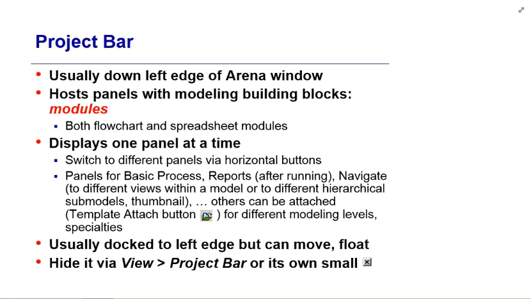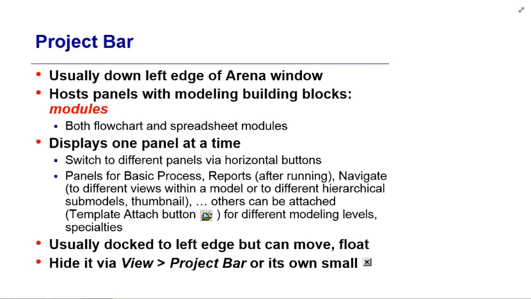As we move down into that basic process further, you've got a bunch of different windows that you can open that are part of the spreadsheet window. So the top ones, the ones I've gone through so far, the ones that are in yellow, those are all on the flowchart side. The ones down below, those are all on the spreadsheet side.